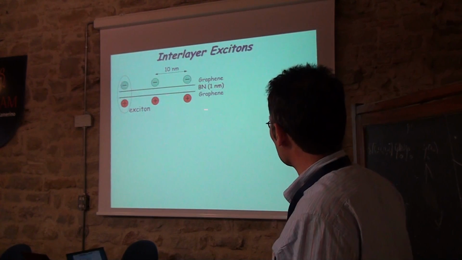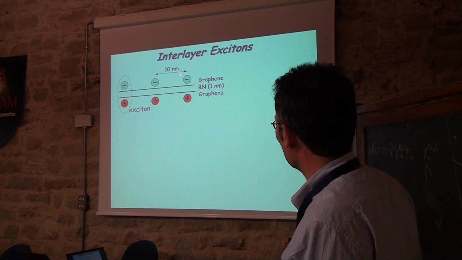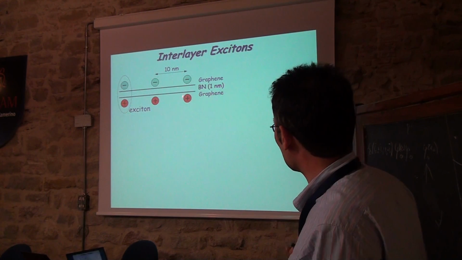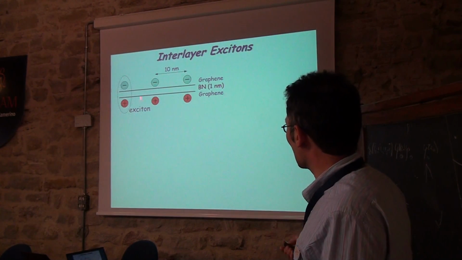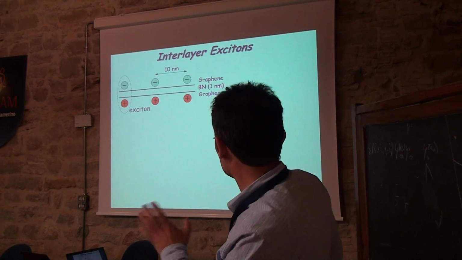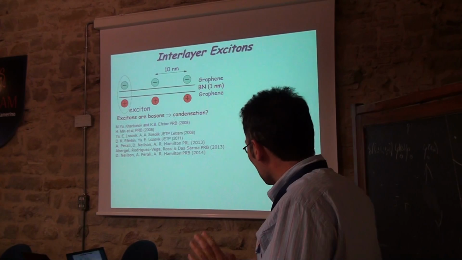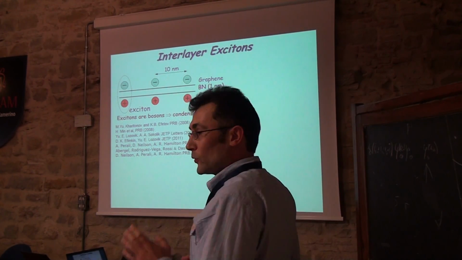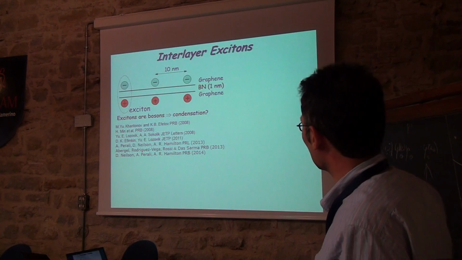So I tried to show you more or less up to scale. The thickness of boron nitride is 1 nanometer. For typical densities, the average distance between charge carriers is 10 nanometers. So formation of excitons, if I look at this, kind of looks plausible. And then there have been already published quite a few works on excitonic condensation in this kind of systems.